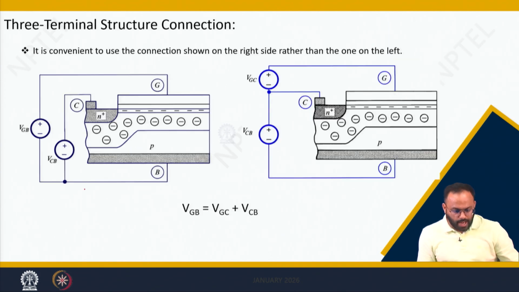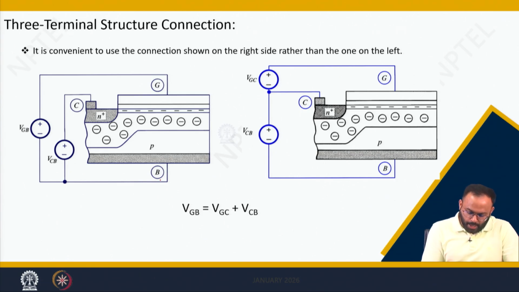Today, let us discuss this 3-terminal structure from a different aspect. We have the body as a reference: whatever voltage we apply is with respect to the body. This voltage is called VGB, the gate to body voltage. Similarly, this voltage is called VCB, the C to body voltage. Can we replace this connection by a new connection?